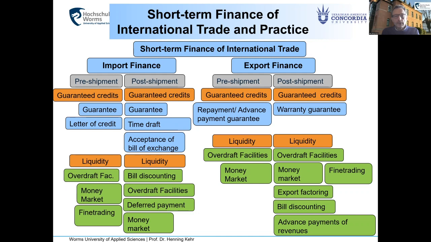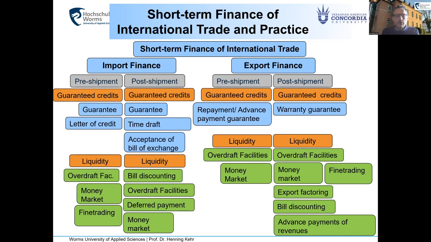So you see here, first of all, import or export financing. Left hand import or right hand export. Then you can divide it again before shipment and after shipment, or pre and post shipment, in both cases for import and export. And then below are the instruments.